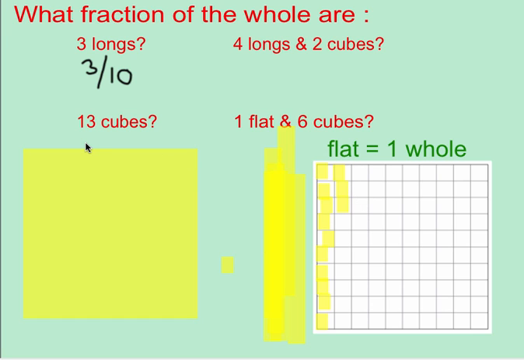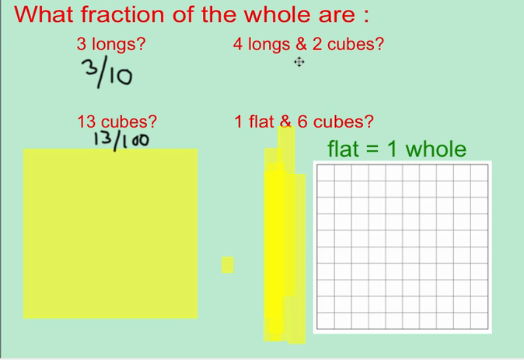I know that 100 cubes make up the whole, and I used 13 of them to make up part of the whole. So I would say 13/100ths because there's 100 cubes that make up the one whole, and I used 13.